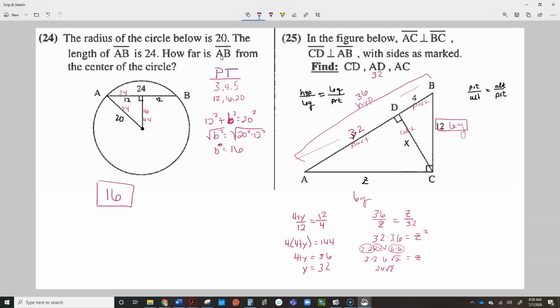So I'm going to make sure that that's right, because that does seem big. But 24 square roots of 2 is the same decimal that I got when I took the square root of this number right here.